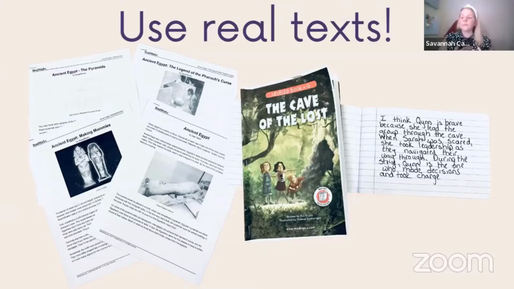So a lot of times people will ask me about when I stop using decodables. Personally, for me, and this is another one of those things where there's no research that says do it like this, but for me, once I see that students have successfully decoded most single syllable words and we're moving into multisyllabic words, that is when I bring in those real texts.